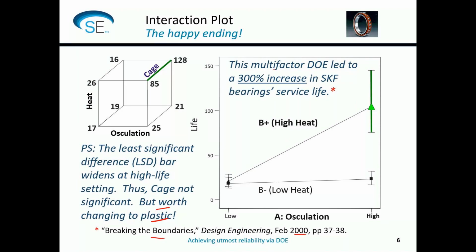They reported that this multi-factor DOE led to a 300% increase in SKF bearing service life. Wow. So amazing what you can do if you do a multi-factor approach. Not only is it more effective for detecting interactions, which you can never get from OFAT, it's also much more efficient for looking at many factors all at the same time. So it's a double win.